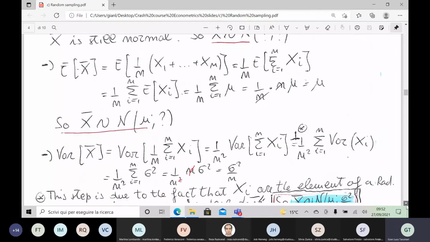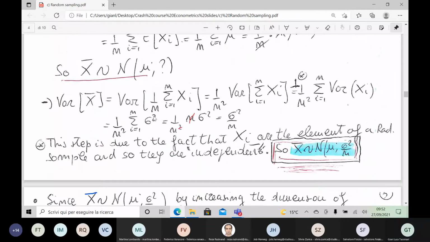I substituted sigma squared here. Now we have the sum of sigma squared to itself n times, which is n sigma squared. Simplify the n with the square, and what do you get? Sigma squared over n.